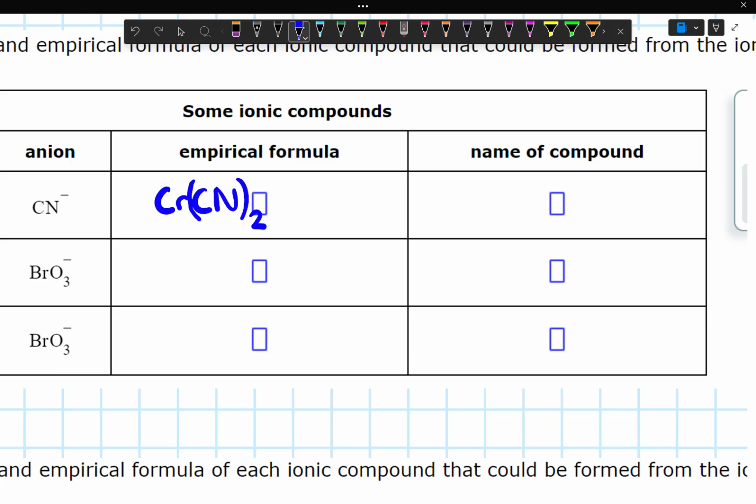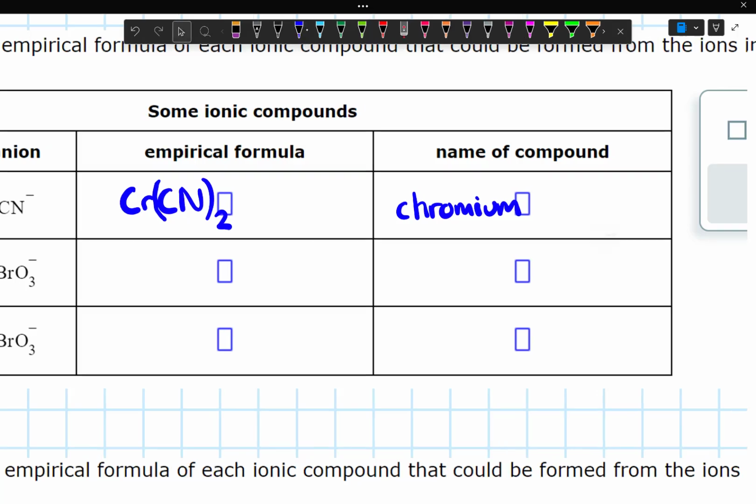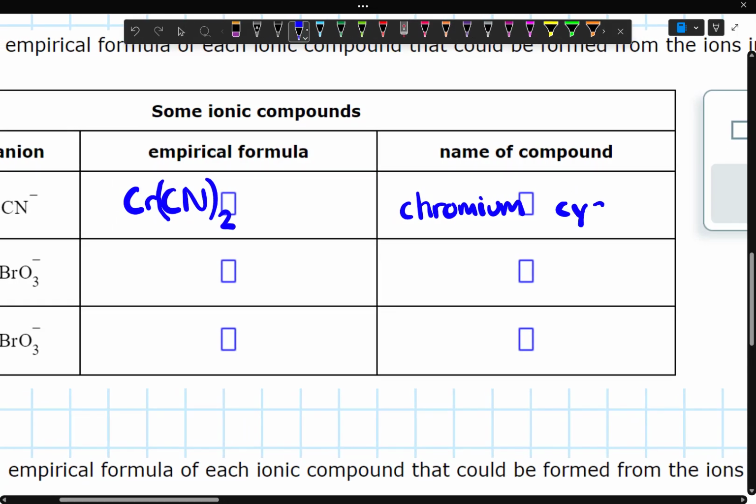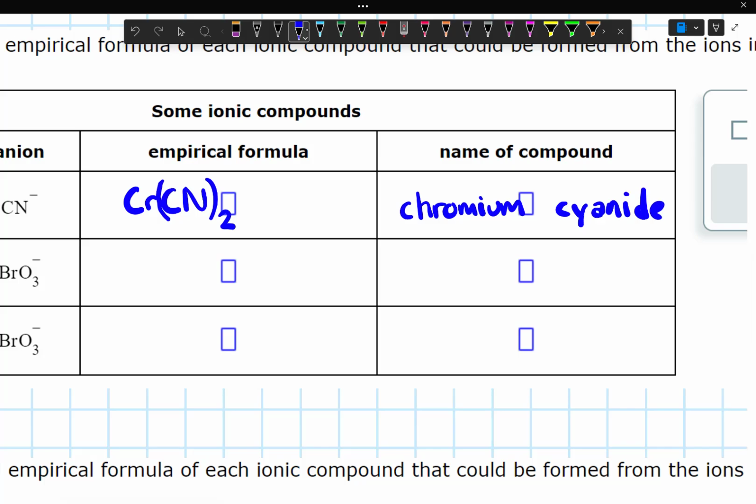We just refer to it as whatever the cation is and the polyatomic ion that it is paired with. So in this case, we'd be looking at chromium cyanide. But wait, there's an extra catch here.